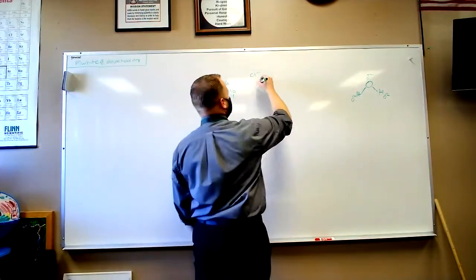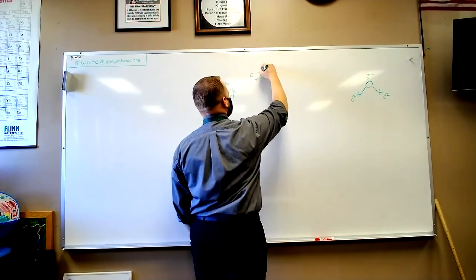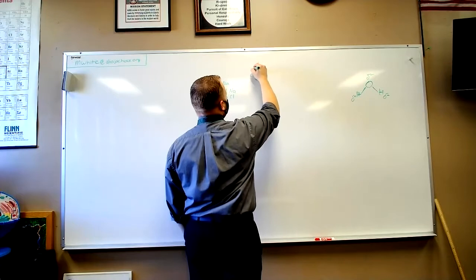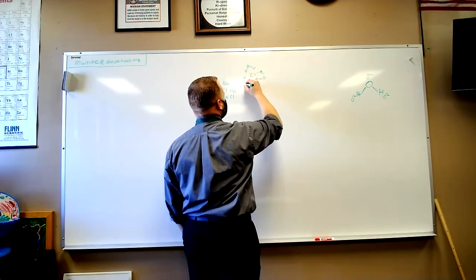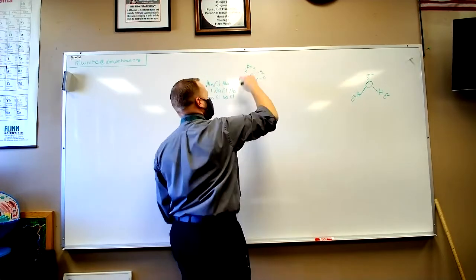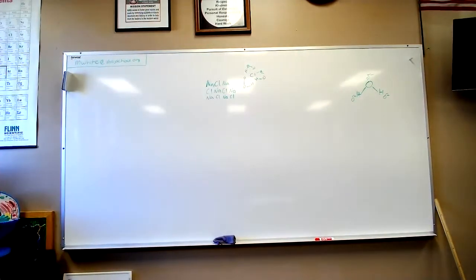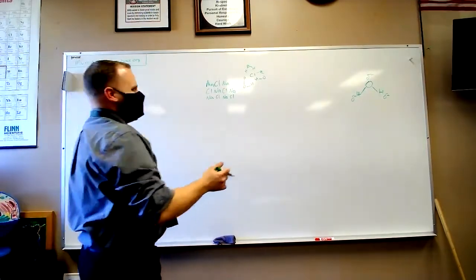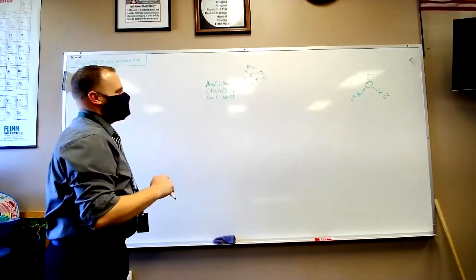So what actually ends up happening is it ends up being surrounded by a whole bunch of positive hydrogens. And that's why it can dissolve, because it can be held in that little pocket right there.